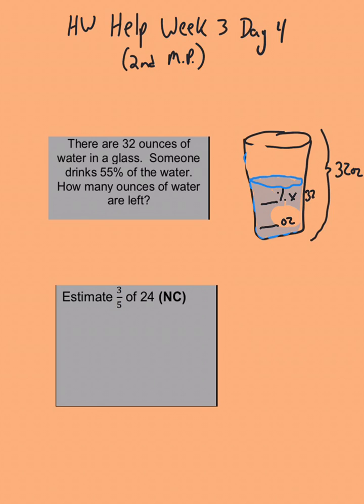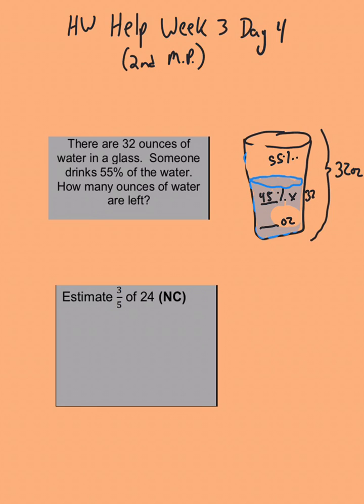Now you might be wondering, how do we figure out that percent? Well, remember, someone drank 55% up here. Well, if everything always adds up to 100%, wouldn't you just take 55% from 100 and get 45%? Does that make sense? So think of that.